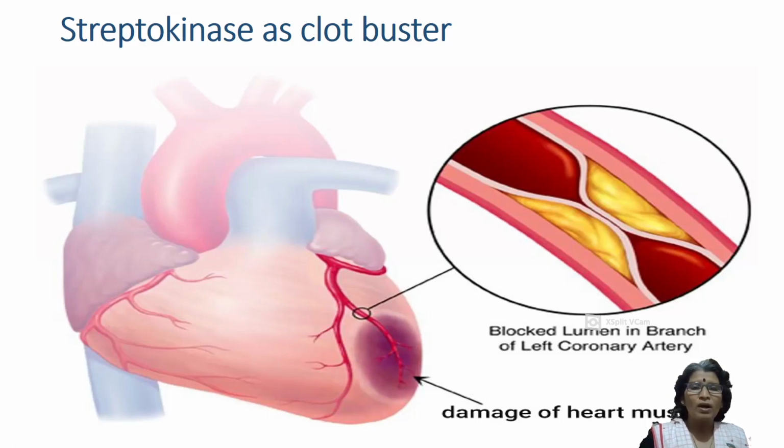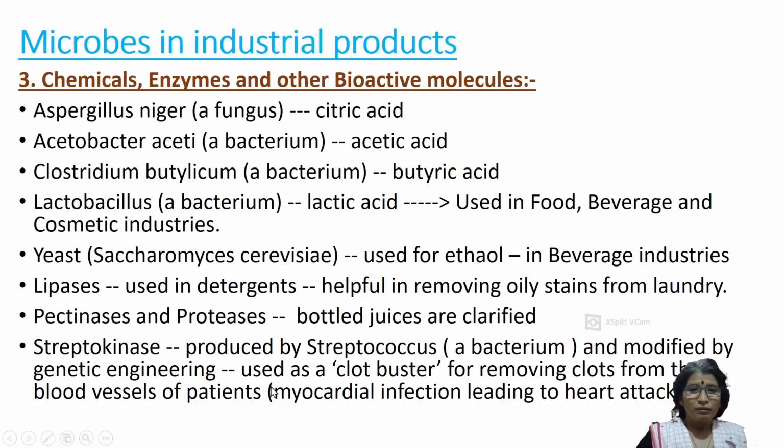Doctors immediately give one injection. That injection has the streptokinase enzyme. This streptokinase enters the bloodstream and immediately dissolves the clot, mostly. In this way, we can prevent the death of that person. So streptokinase is used as a clot buster for removing clots from the blood vessels of patients.